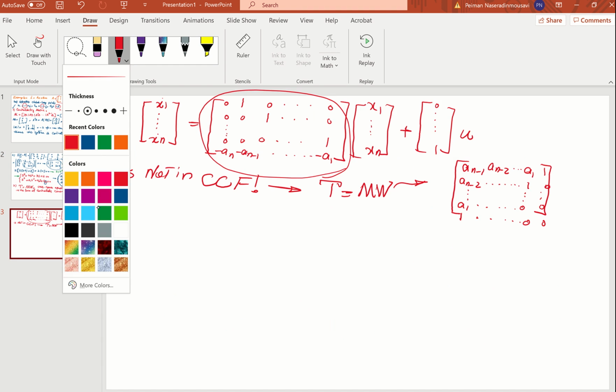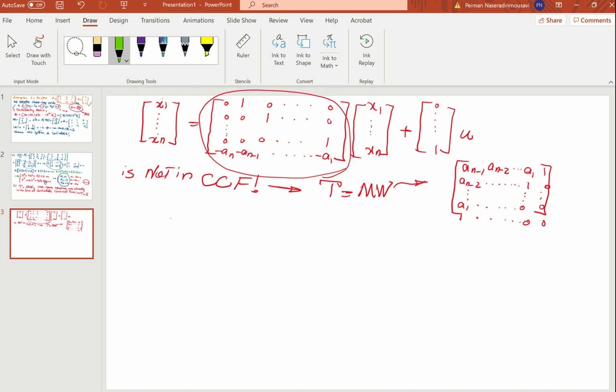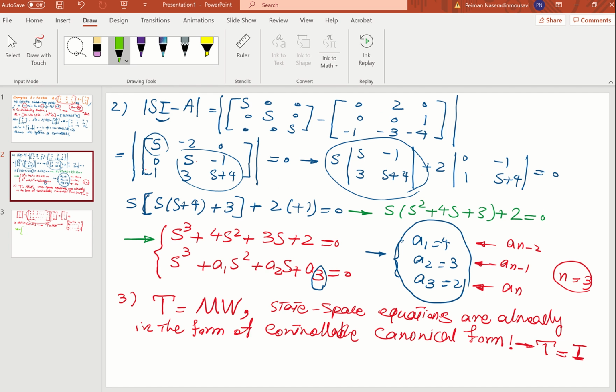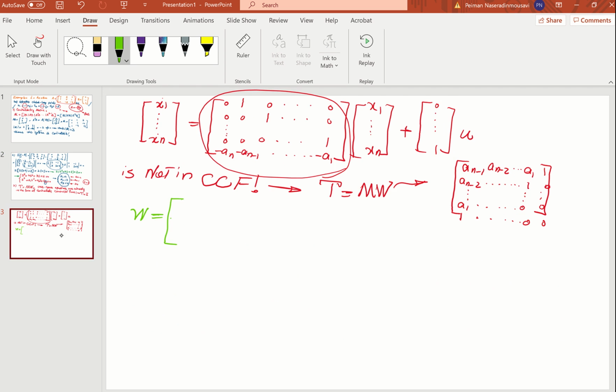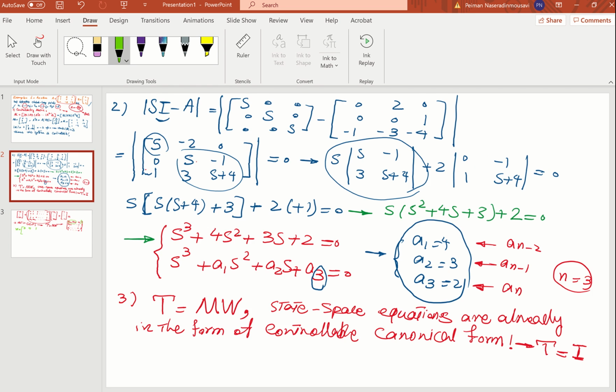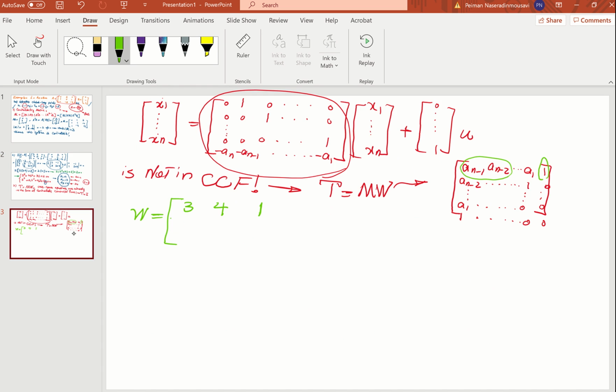So what you're going to do, based on, see? So let me change the color. So your W is going to be an minus 1, an minus 2. Get here. an minus 1, 3, an minus 2, 4. 3, 4, and finally 1. Here we go. Understand? 1. Then what is the rest? an minus 2, 1, 0. What is an minus 2?